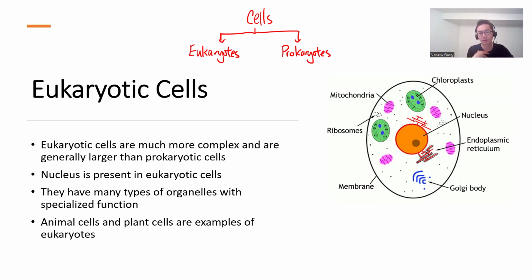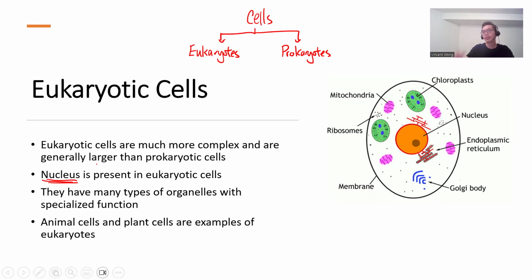We are made up of eukaryotic cells. Okay? They tend to be more complex. They evolved later in the lifetime of living things. Okay, the Earth first started with prokaryotic cells, and then later came the eukaryotic cells. It's generally bigger, and it has a nucleus.